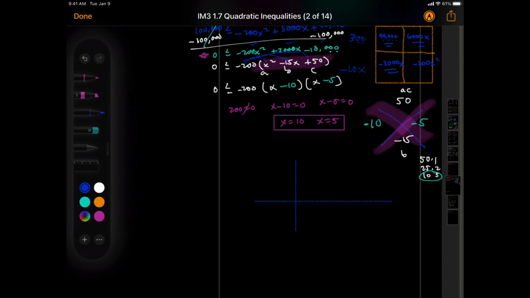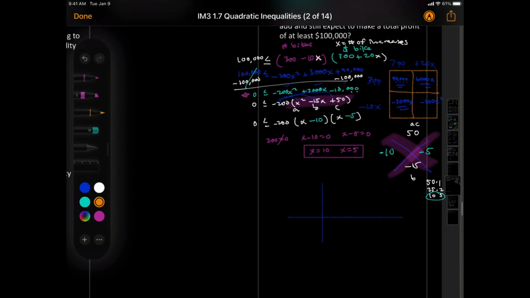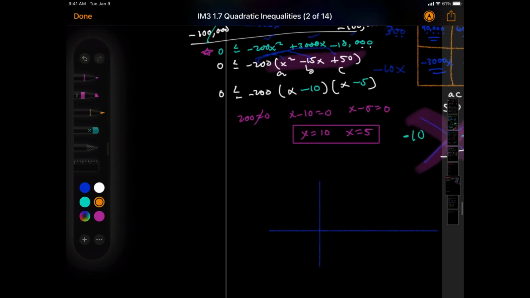Okay, so since I know that it's opening down, you have something like negative 10,000. And then you have 5, and then you have 10. Graph looks like this.